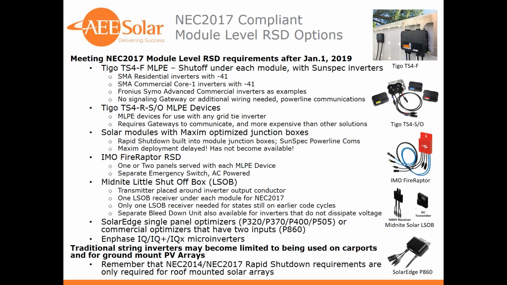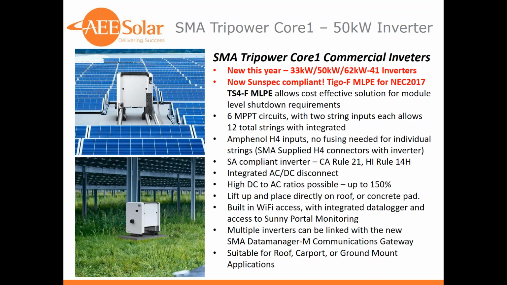So we're going to see traditional string inverters might be limited to being used only on carports or for ground mount PV arrays. NEC 2014 and 2017 RapidShutdown is not in effect for ground mount arrays; it's only really interpreted and applicable for roof mount solar arrays.